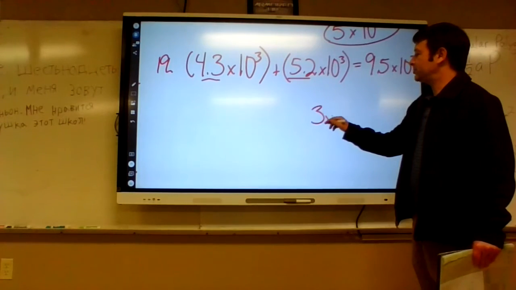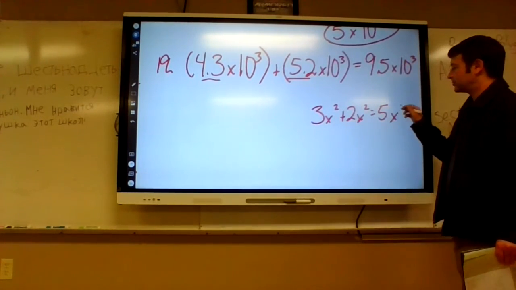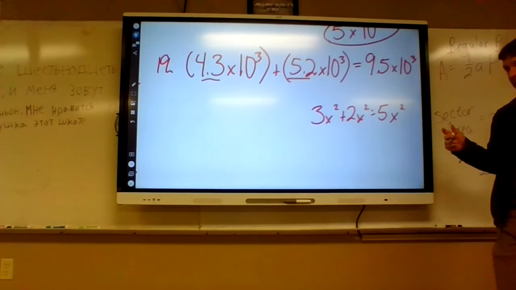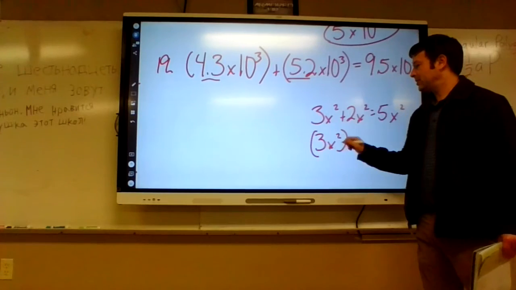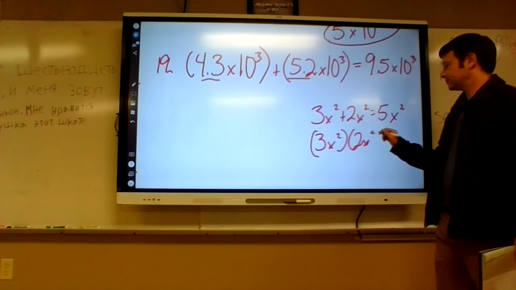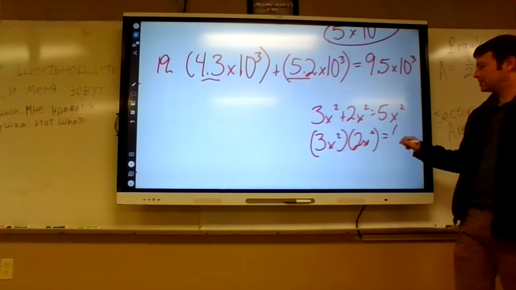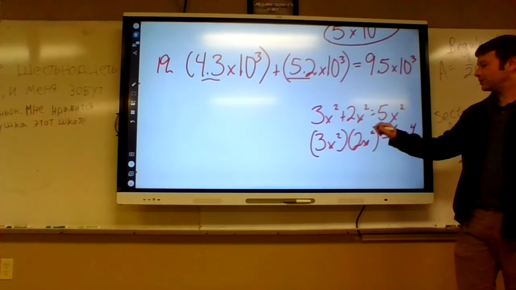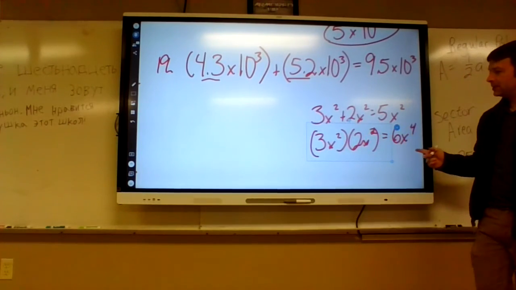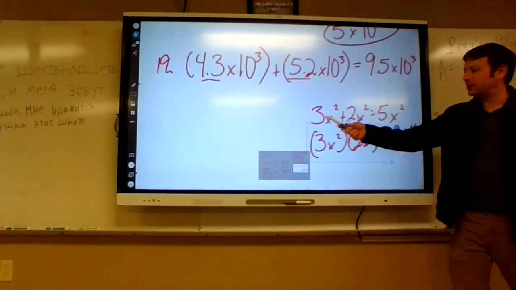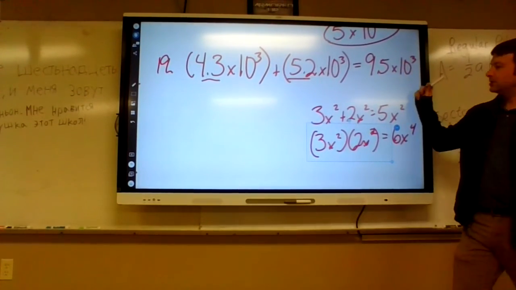For example, 3x squared plus 2x squared is 5x squared. 5 of those things. But do you know what 3x squared times 2x squared is? 6x to the 4th, because it's 2 plus 2, basically. So when you're adding and subtracting, those are different rules. It just stays 10 to the 3rd.